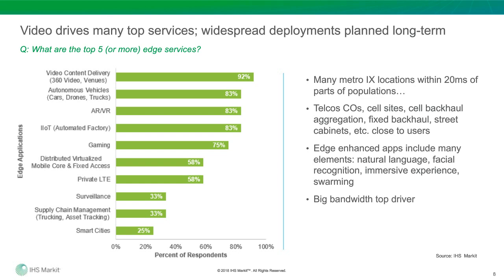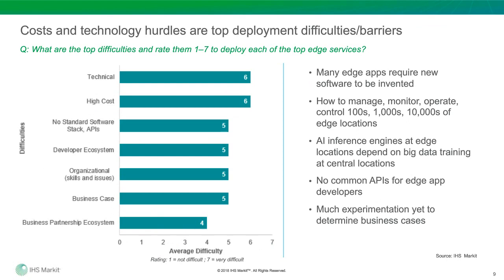Now, with that being said, even though we know what we want, we have a number of challenges ahead. As we also asked the same panel, what were the hurdles? It looks like both technology and high cost are the top hurdles that have been identified.